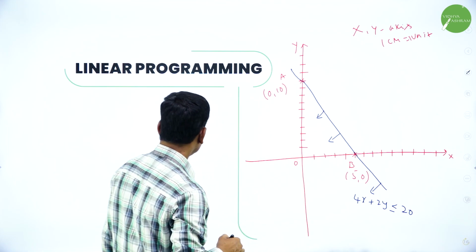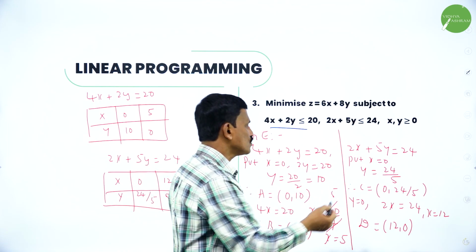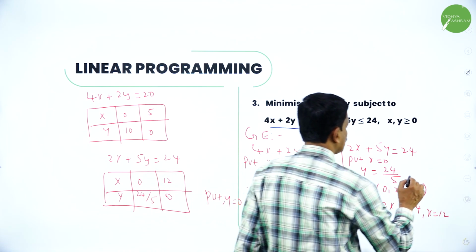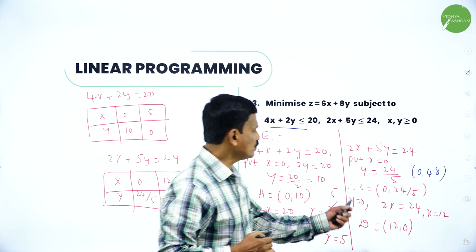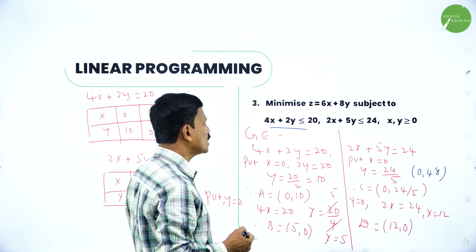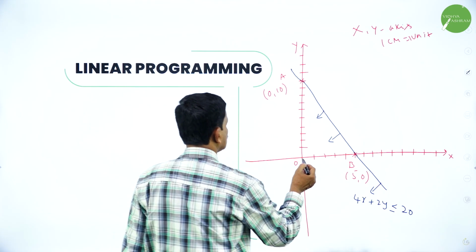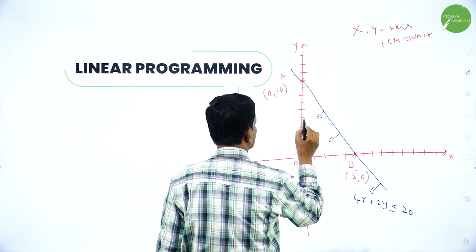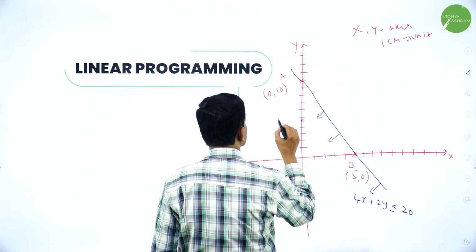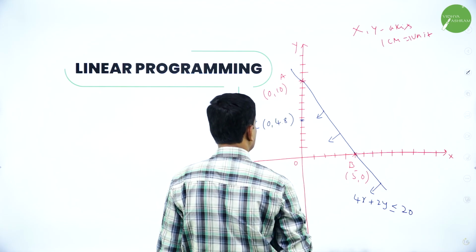Now, the second curve. What is the second curve? When x is equal to 0, y is equal to 24 by 5, which is 4.8, so this is (0, 4.8). 24 by 5 is 4.8, just less than 5. This is C, (0, 4.8).